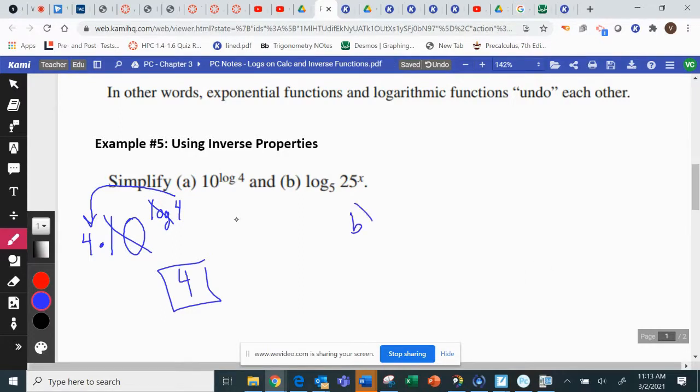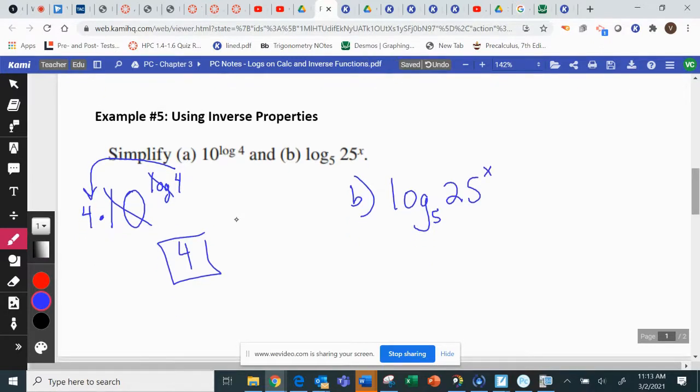How about question B? Log base 5 of 25 to the x. So this x, I can put in front. That's a property we went over today. What can I do with the 25?